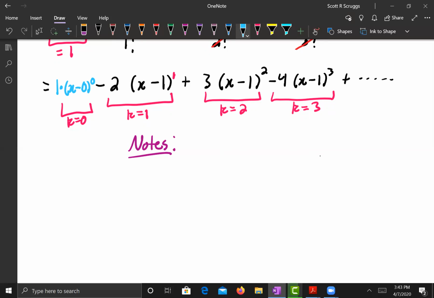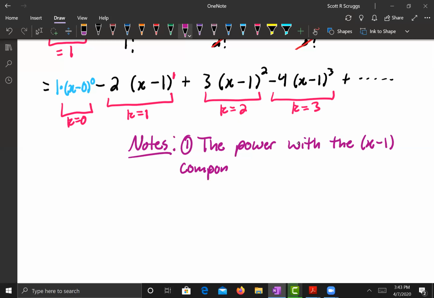So there's my first observation or note that I'm making, is that the power with the x minus 1 component matches the current k.